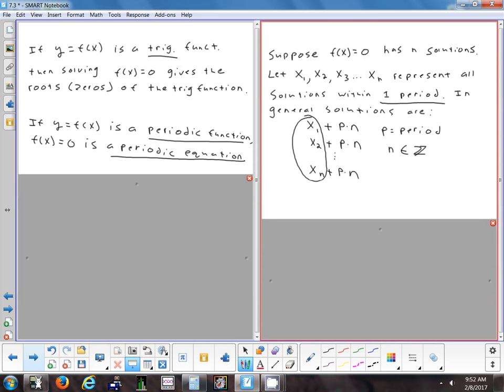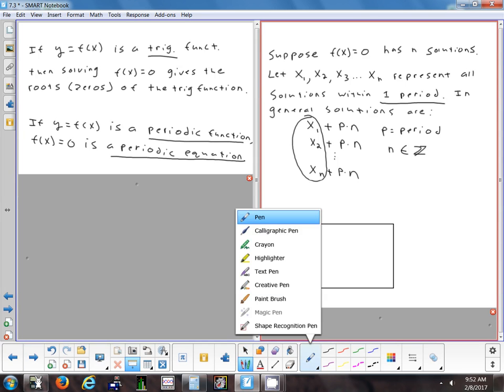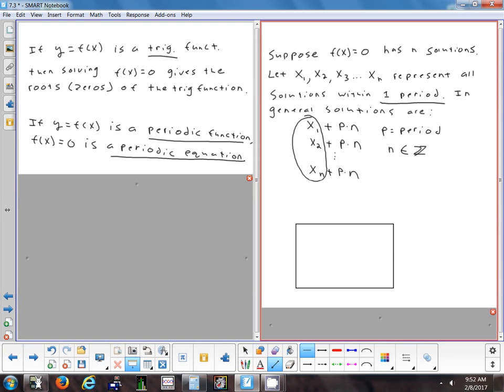The only thing you got to be careful about is, let's say this was your window on the calculator, and let's put my x-axis in right there. Let's say I graph this, and I asked you how many times that crosses the x-axis. Well, it's going to cross here and here, but what about this third one?